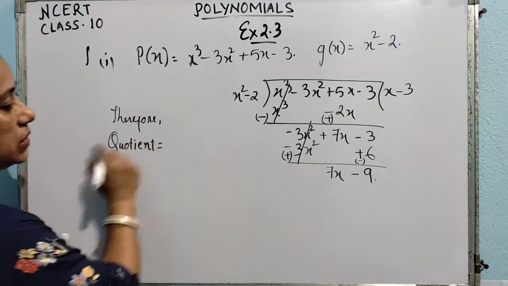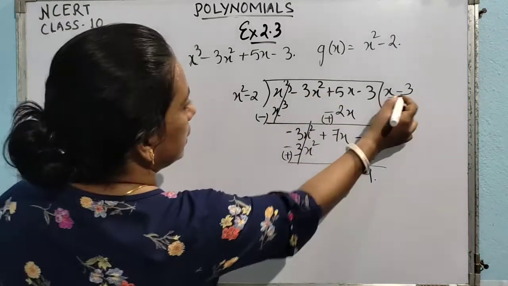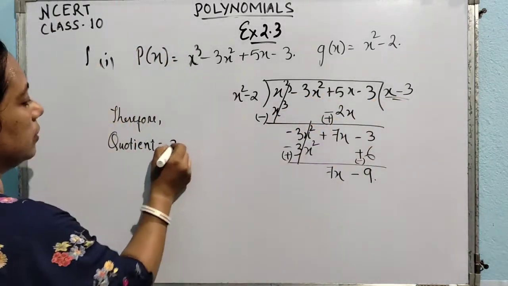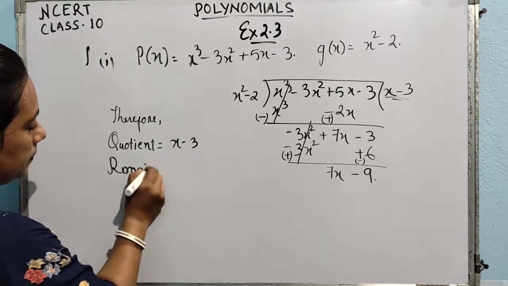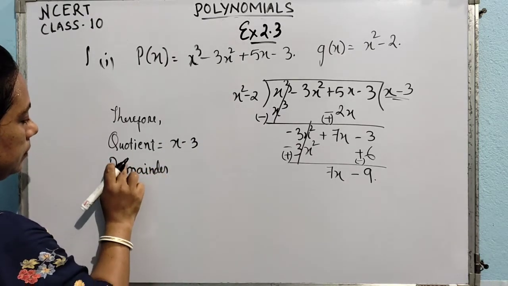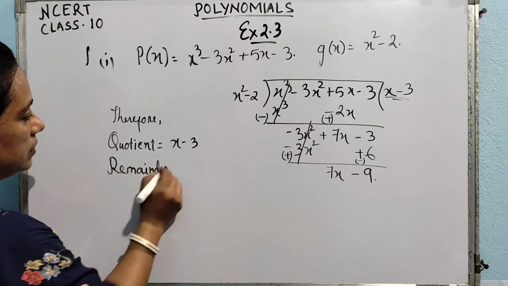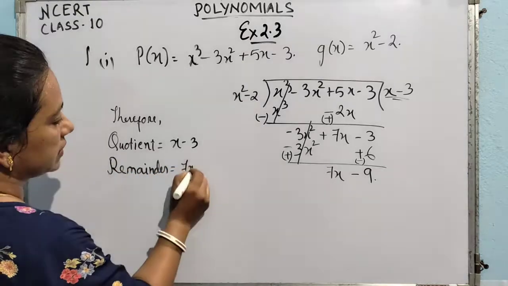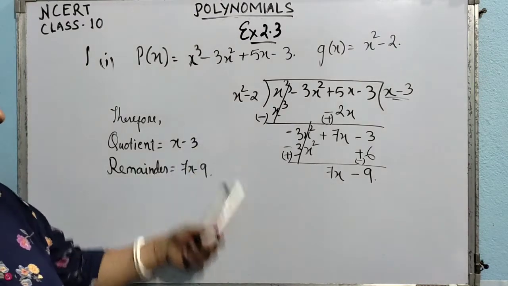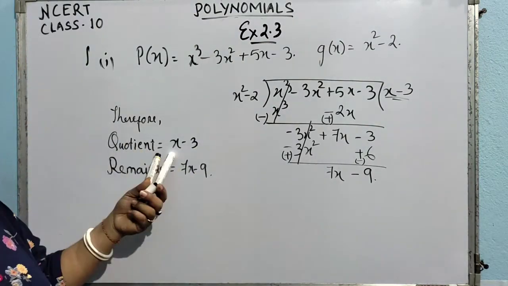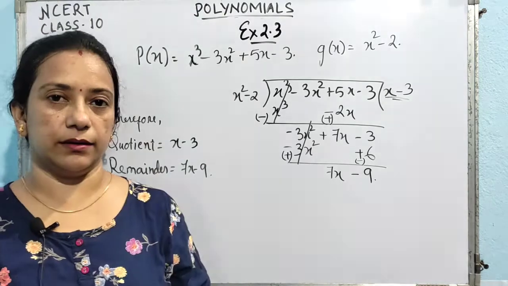So what will be the quotient? This x minus 3 is our quotient and the remainder is equal to 7x minus 9. So here we have ended up finding out the quotient and the remainder.